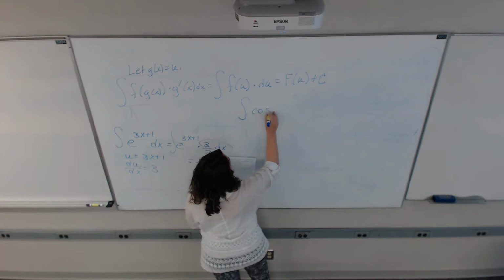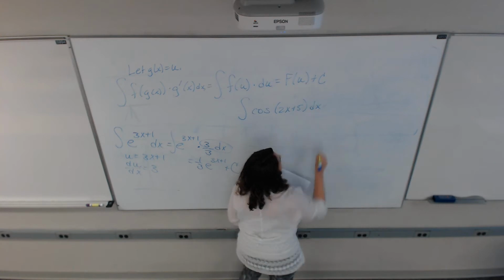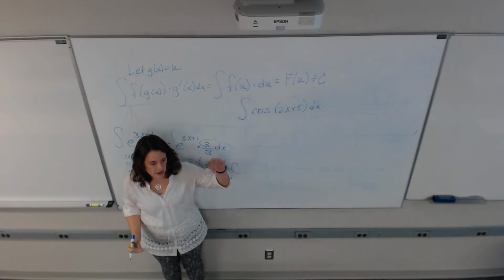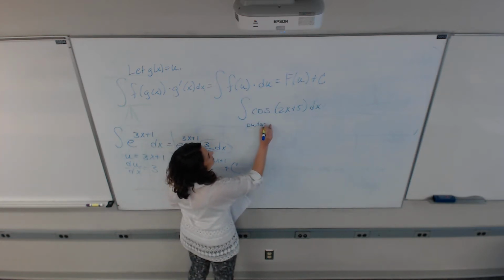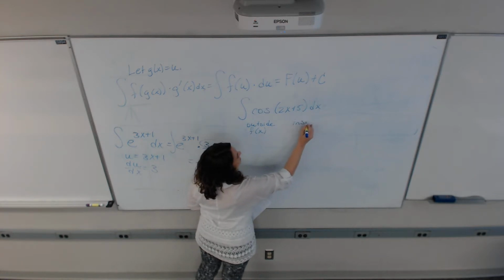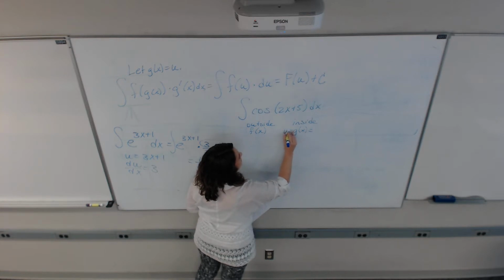The integral of the cosine of 2x plus 5 dx. Identify inside for me, identify outside. Outside, remember, that's our f of x, and inside, that's our g of x, which is otherwise known as u.